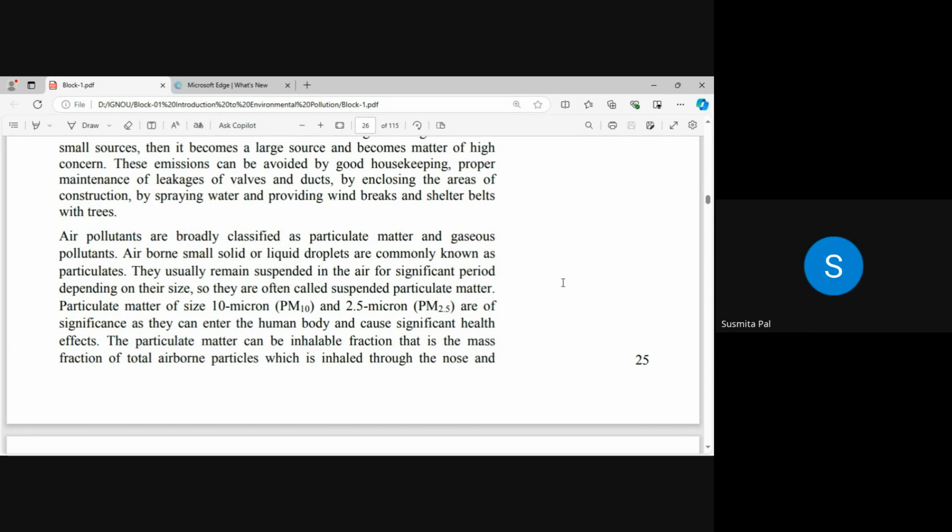No, no. Suppose we are sitting in front of that person, and by any means we come in contact with his sneezing. That's the point. When a person sneezes, what happens? Many droplets of water come from our mouth and nose.